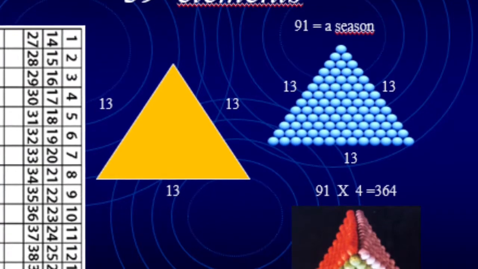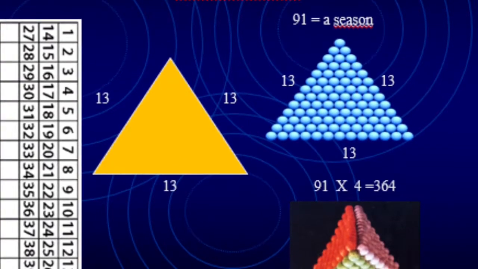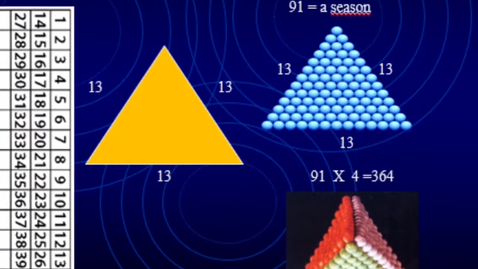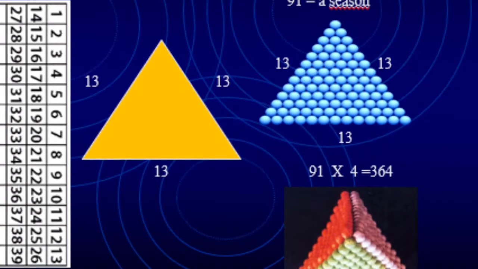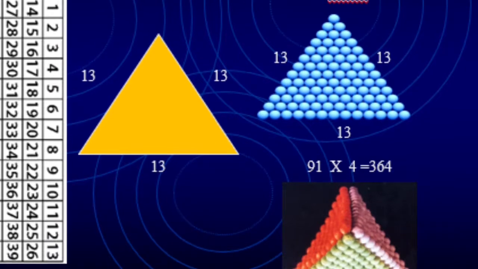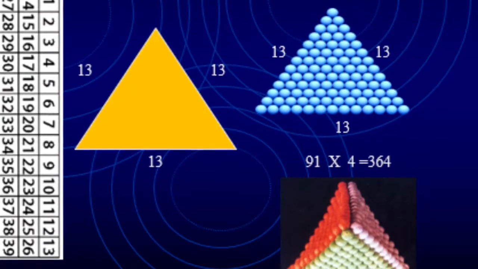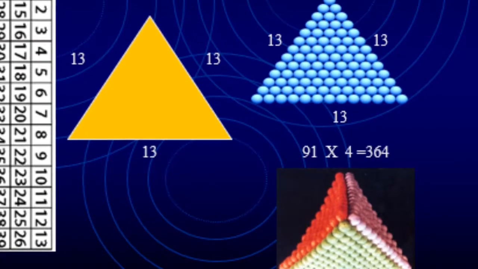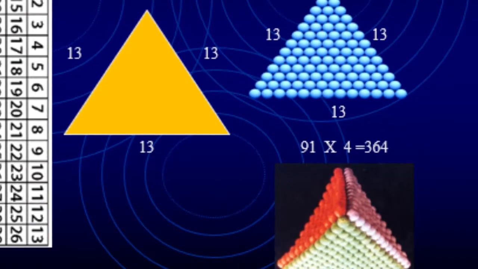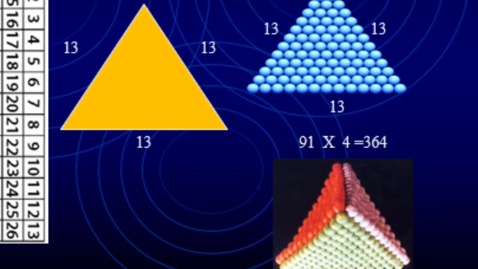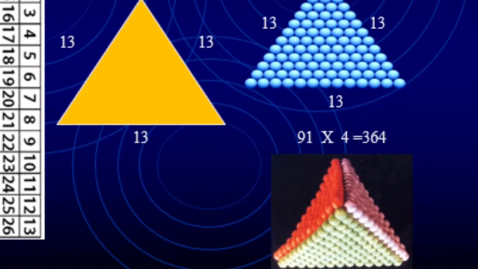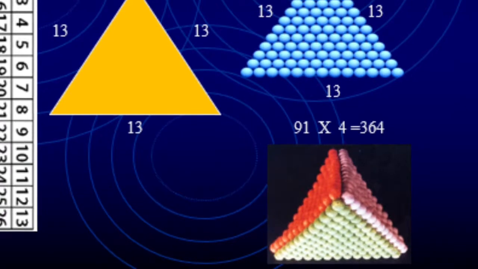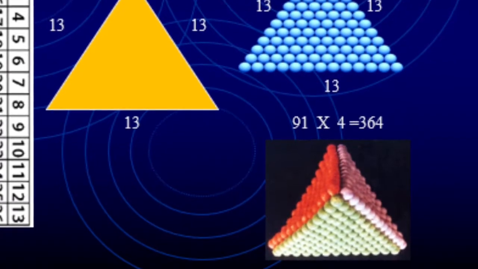If you see, the complete number of little circles will be 91. That, as you know, is a season. Now imagine that we have a tetrahedron with triangles on each one of its faces. So that will mean that we have 91 times 4, which is 364.